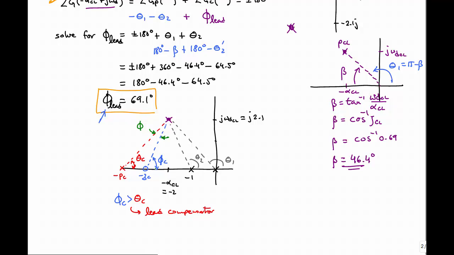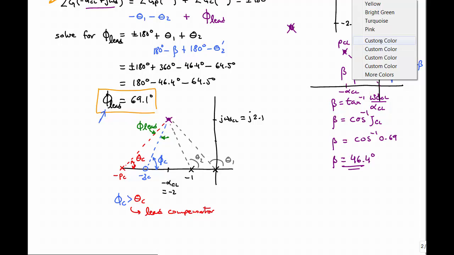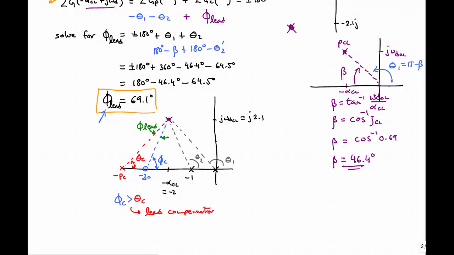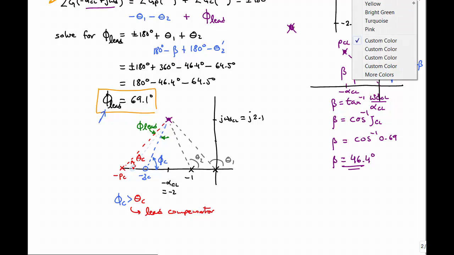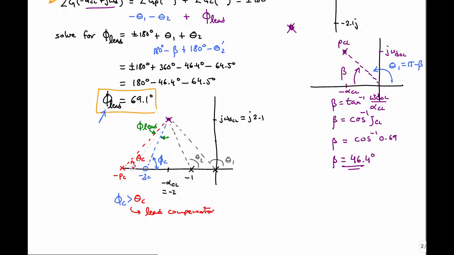So if we needed a lag compensator, we'd switch those two. Now, it turns out that if you do the geometry here, this angle in green is actually equal to the lead angle. Okay, so we could stretch our zero out. We could make our zero go to here, and we could move our pole, stretch it out to here.